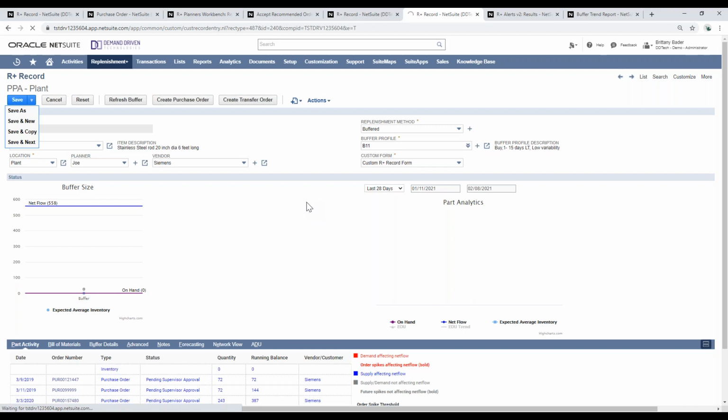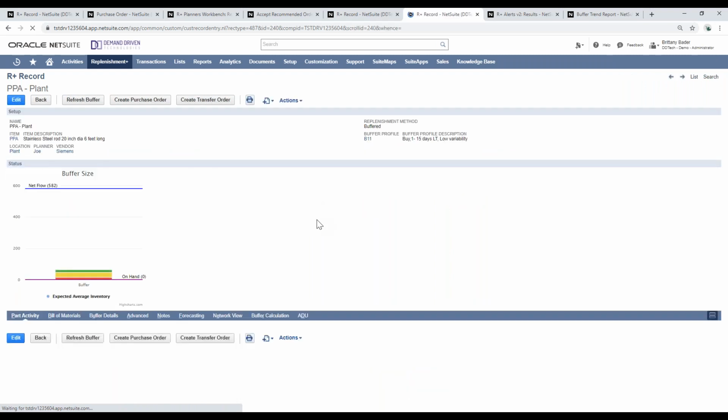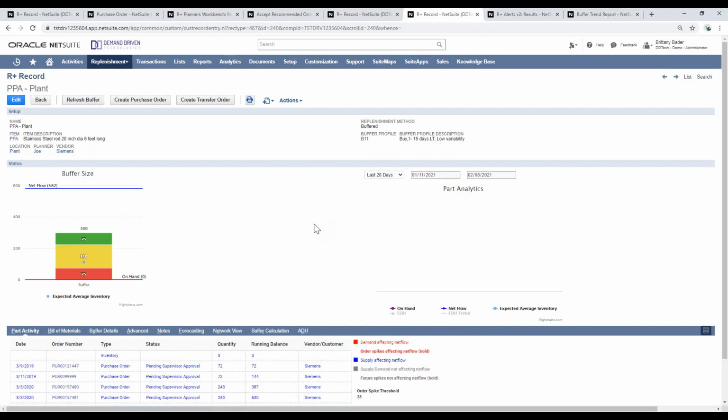The system's going to automatically update. Again, we're completely native to NetSuite, so there's no toggling back and forth between the two different systems once you've made a change. My on-hand inventory for PPA is at 0, but now the next time that I place an order for this, I should expect to have more on hand because I've applied this buffer.